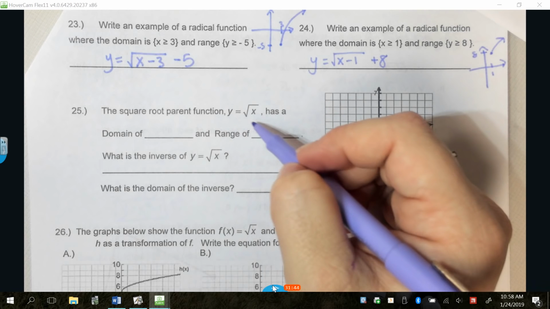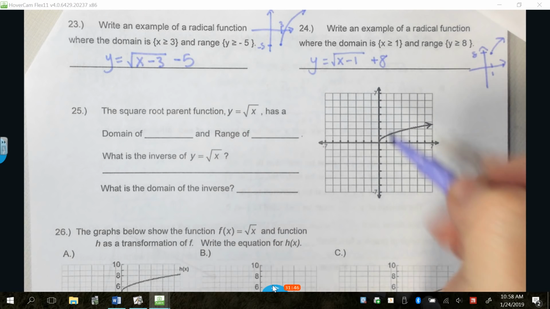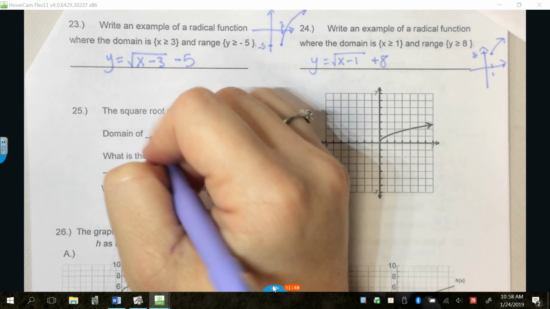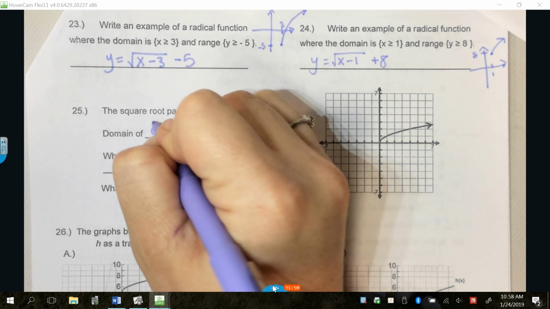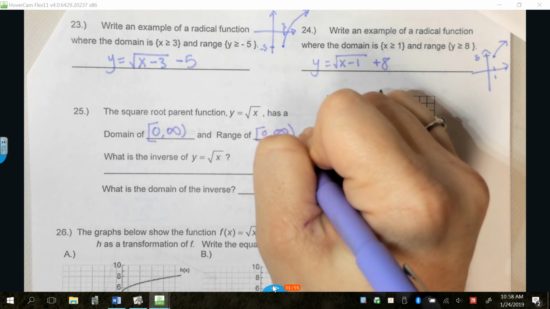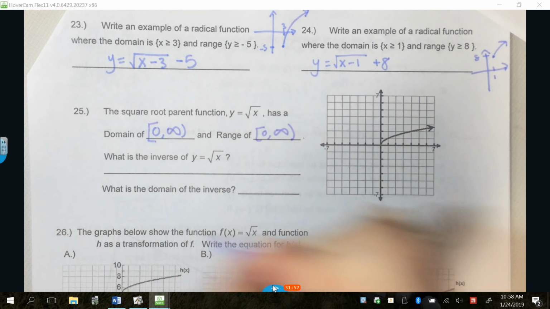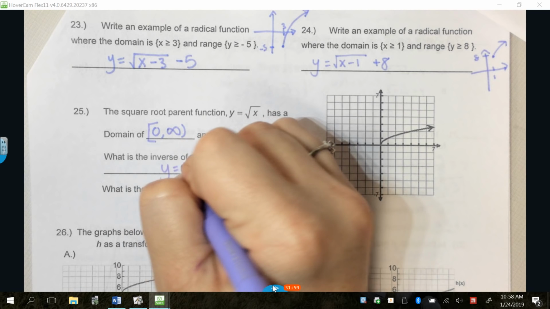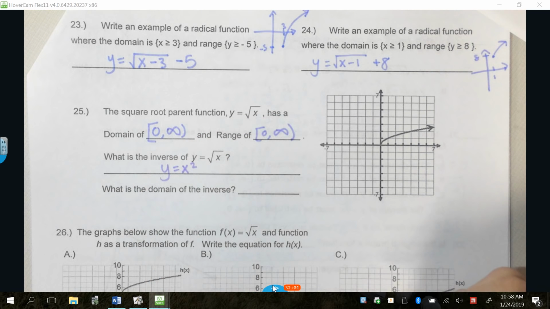The square root parent function is y equals square root of x, has a domain, so this is it, domain is from 0 to infinity, and range from 0 to infinity. What is the inverse of y equals square root of x? Well, the inverse, the opposite of y equals square root of x is y equals x squared. What is the domain of the inverse?